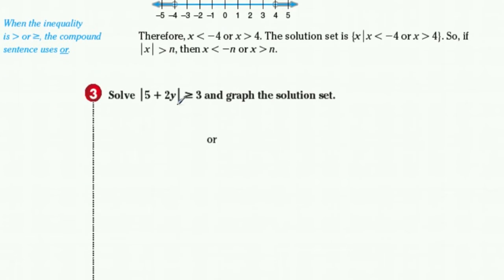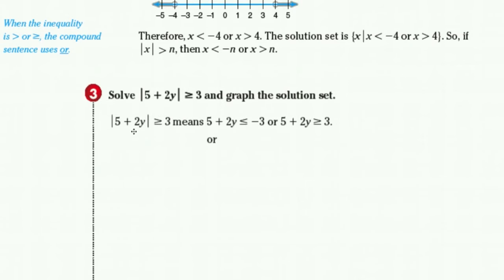So if we want to solve the absolute value of 5 plus 2y is greater than or equal to 3 and graph the solution set, what do we want to do? Let's look at what's going to happen here.